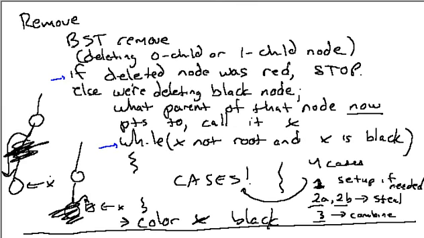We say, now we're inside the while loop. So we say, case 1. Sibling of x is red. Because that's our case here.